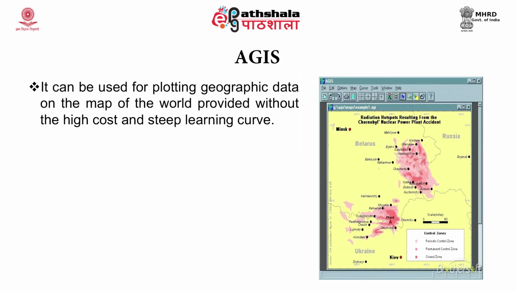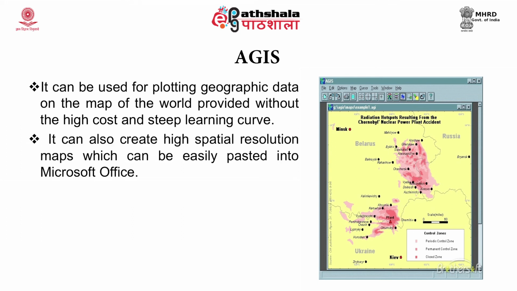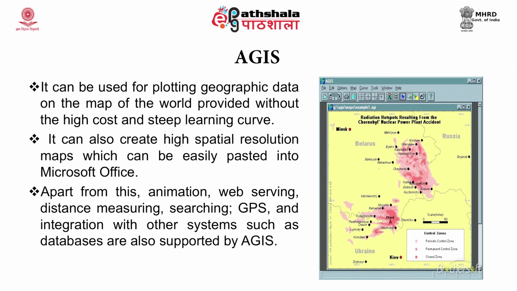Another software that you can see in the figure is AGIS, which can be used for plotting geographic data on the map of the world, provided without the high cost and the steep learning curve that is involved in learning any software. It can create high spatial resolution maps which can be easily pasted into Microsoft Office. Apart from this, animation, web serving, distance measuring, searching, GPS, and integration with other systems such as databases are also supported by this AGIS software.